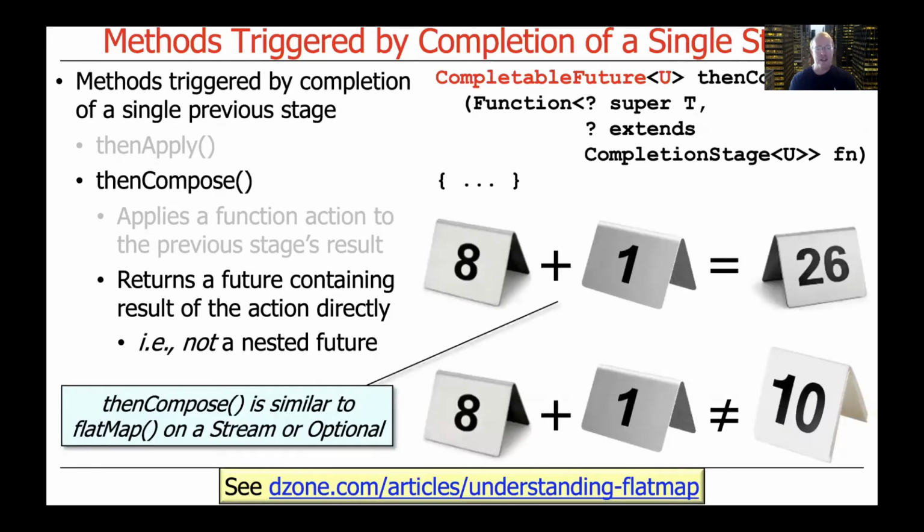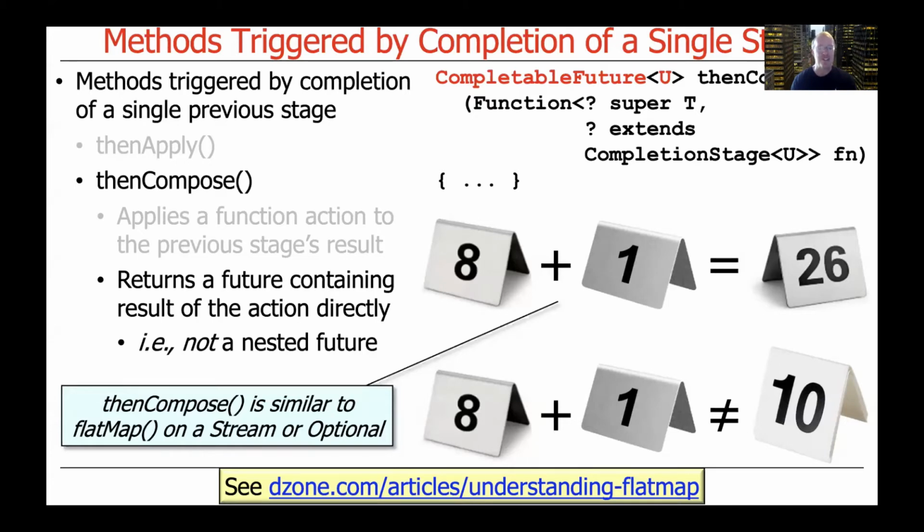So then compose as a method has semantics that are very similar to flat map on a stream or flat map on an optional. And what I mean by that is that these flat map methods do denesting. If you recall what flat map did, it would take, say, a stream of lists of items and return that as a stream of items.